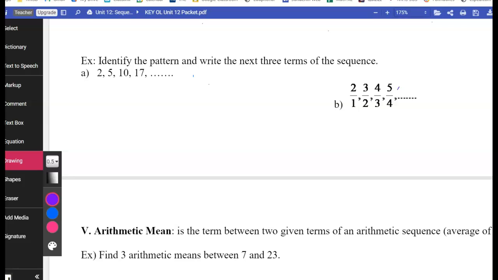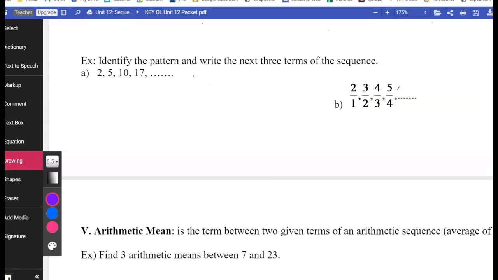Identify the pattern, write the next three terms of the sequence. So, what pattern do you see here? This one's tricky because technically it's not arithmetic and it's not geometric. It's neither.